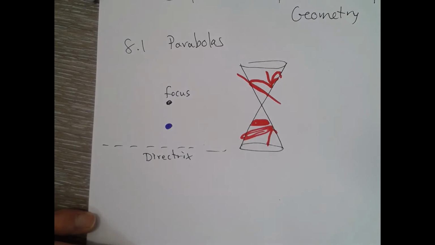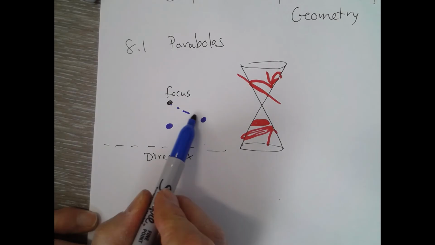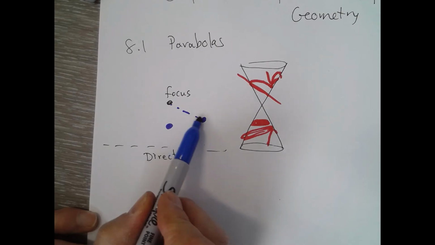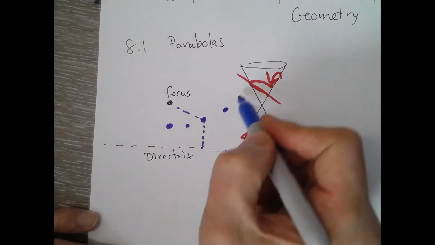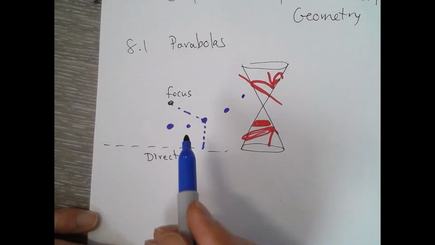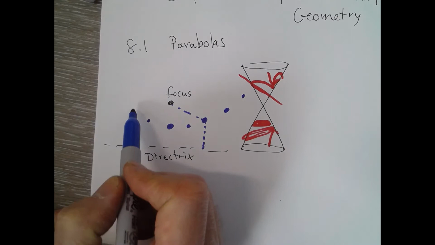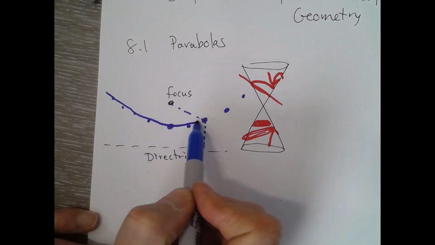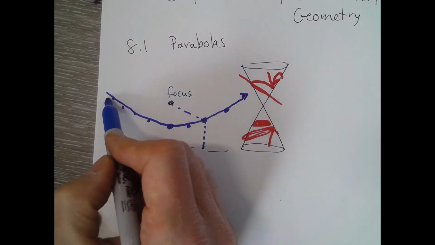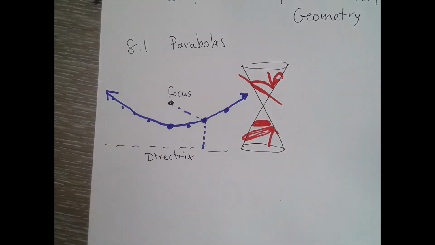Is that the only point that is equidistant from both of those? No, silly. Because right here, the distance from the focus to the directrix is the same. There's another one right here. There's another one right here, another one, and going the other way. These all are equidistant, and they form what is called a parabola. So that's the definition of what a parabola actually is.